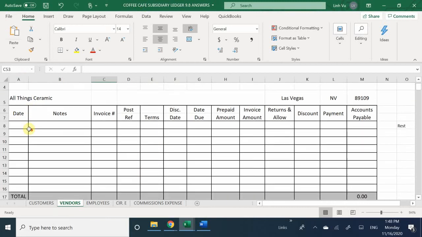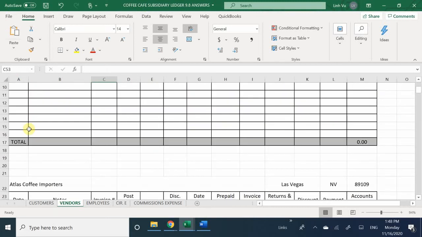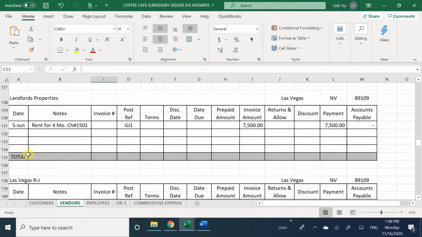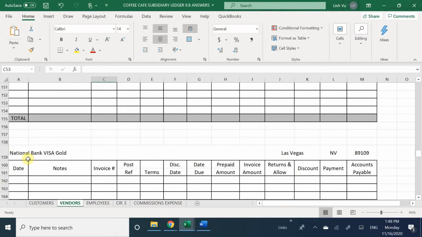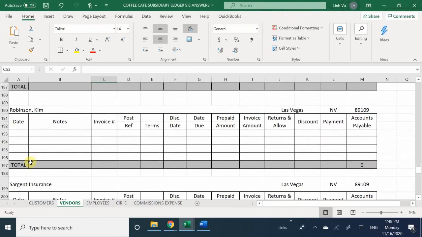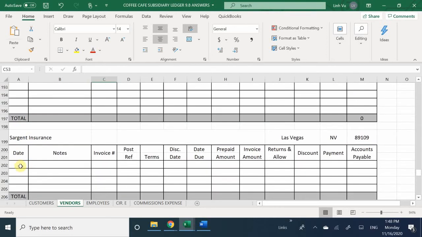So top of the one I see is All Things Ceramics. Then I have Atlas. So they are Sargent. So S. National Bank, Restaurant Supplies, Sargent Insurance right here. So again, I'm going to put the date here.